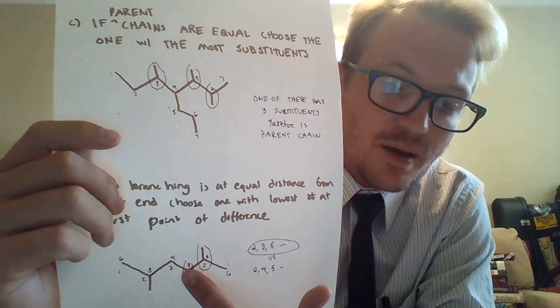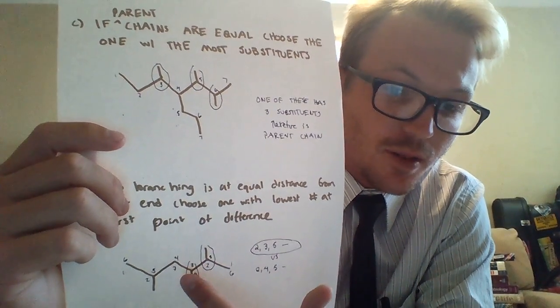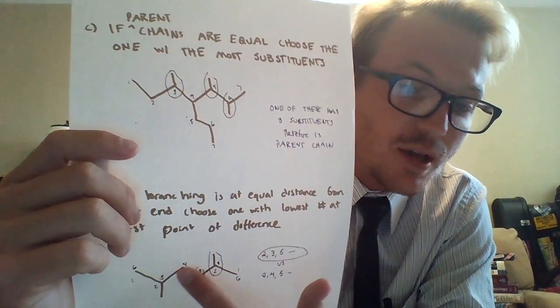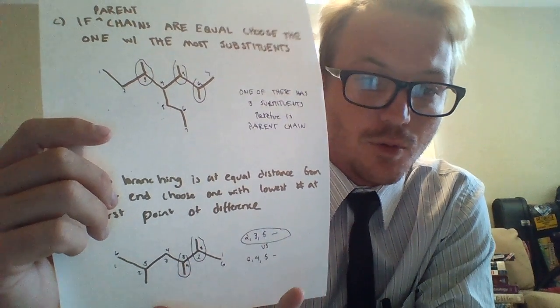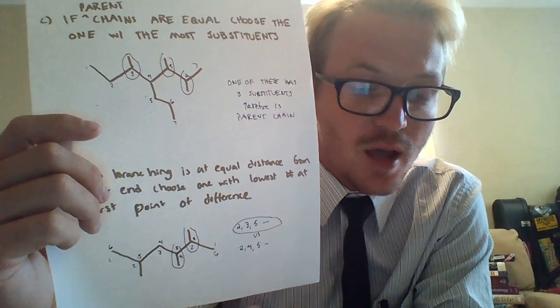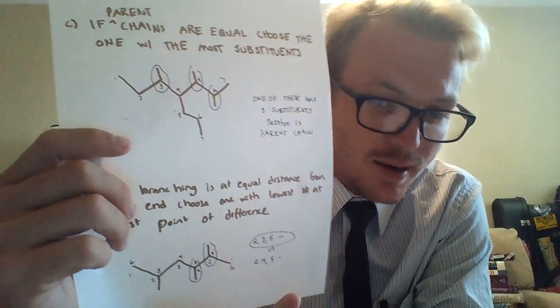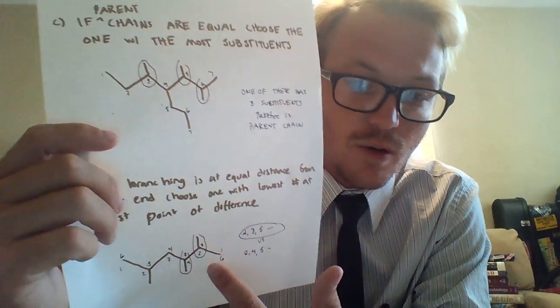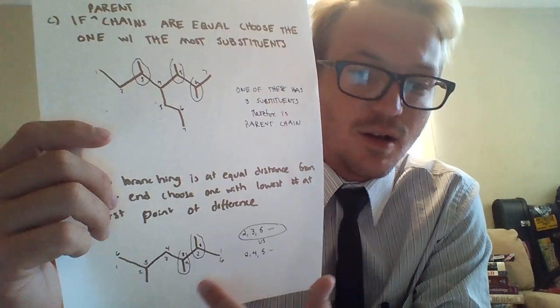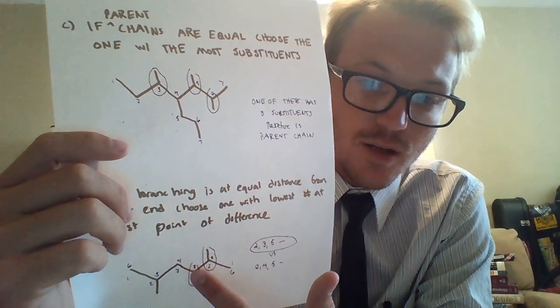This one has a substituent going this way at the 3 position. This one you wouldn't get one until the 4 position. So you're looking at what would be the difference between 2, 3, 5 and 2, 4, 5. And again, now you need to make sure to select the one that has the first point of difference at the earliest substituent numbering. And that's the end of naming branched alkanes.